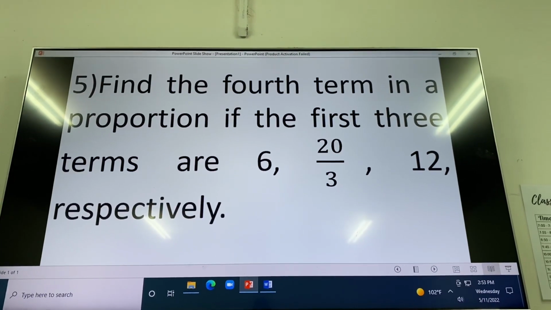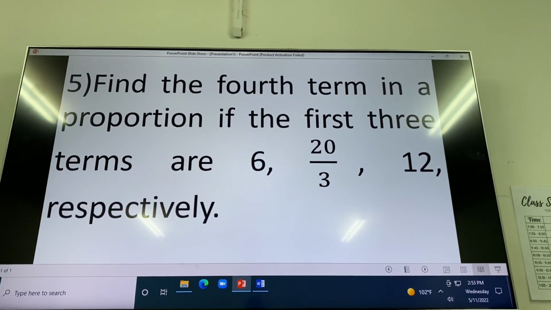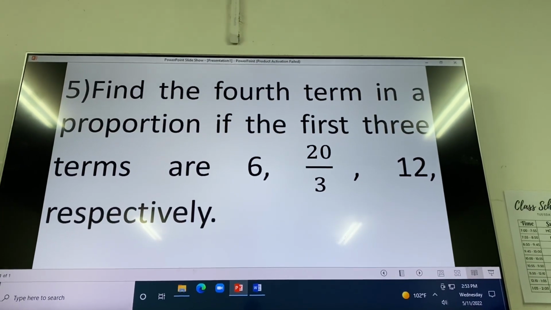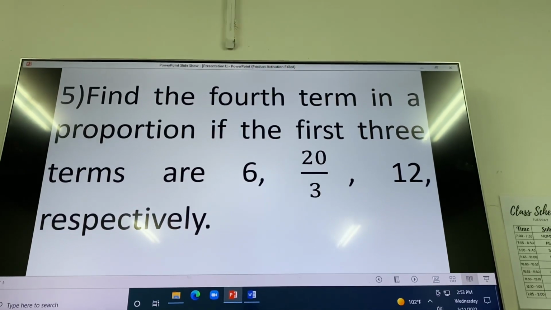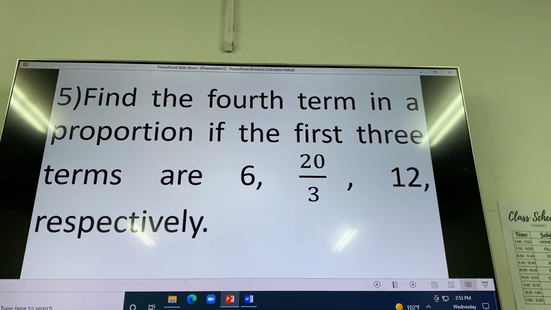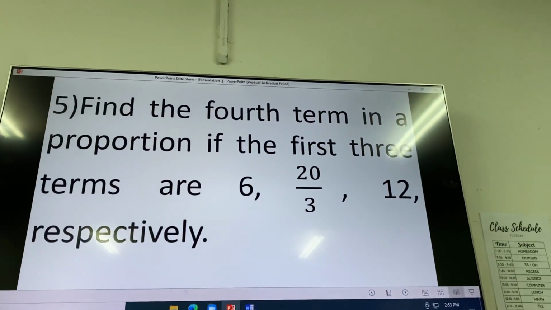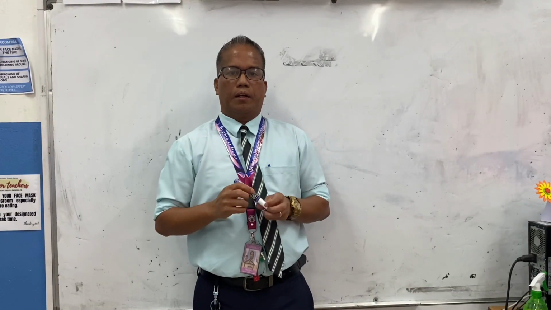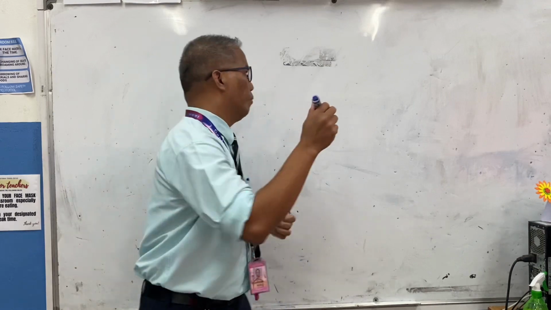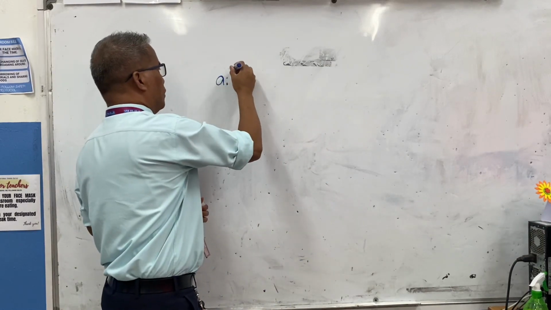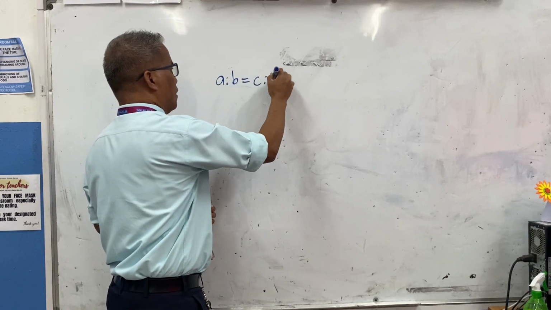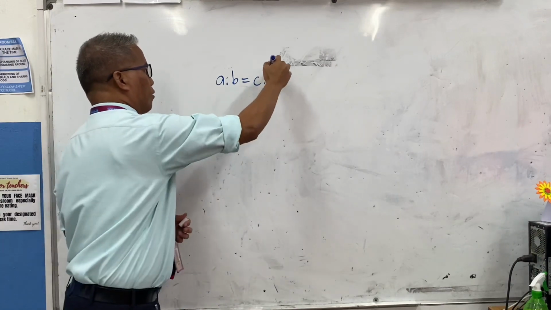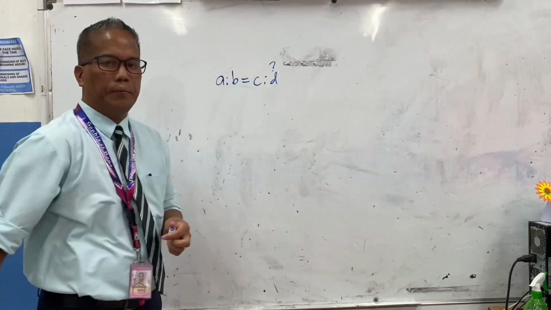Question number 5. Find the fourth term in a proportion if the first three terms are 6, 20 over 3, and 12 respectively. To answer question number 5, we will apply proportion. We will follow this: A is to B equals C is to D. We are looking for the fourth proportional.